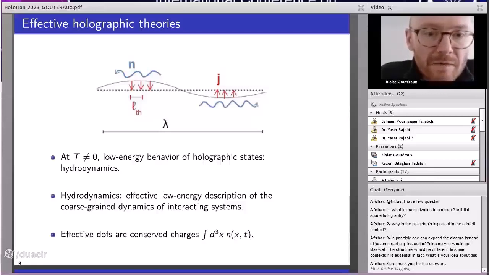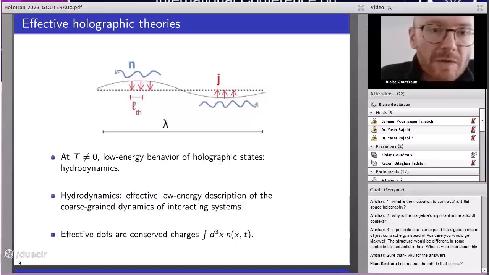By effective low energy, I mean that the degrees of freedom are no longer the full range of microscopic degrees of freedom, but instead only those that come out of the global symmetries of the system, the conserved charges. This is a low energy description because we focus on large distances and late times that are much bigger than the local equilibration scales given by the thermalization length or the thermalization time.